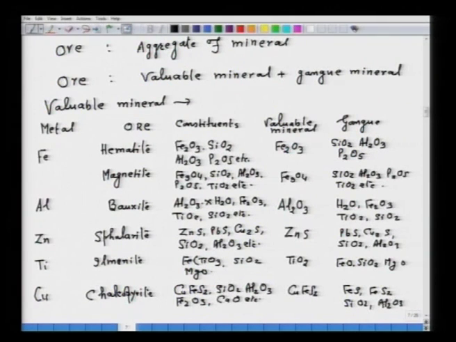So, what we note from here is that, ore being an aggregate of minerals, we must know the quantity of metal that the ore has. That quantity is quantified by defining metal grade. Metal grade of an ore indicates ore value.